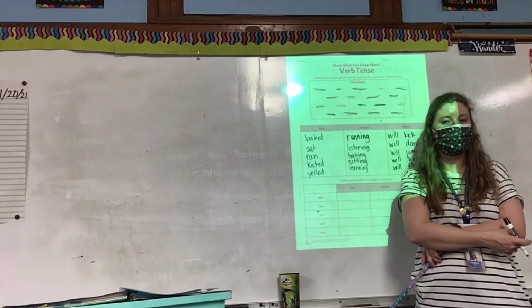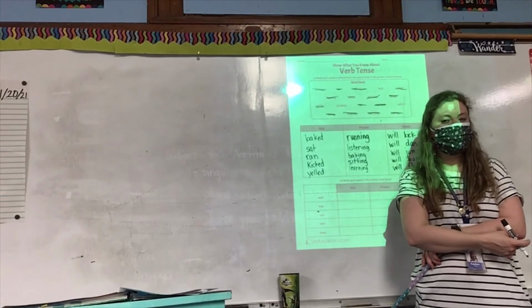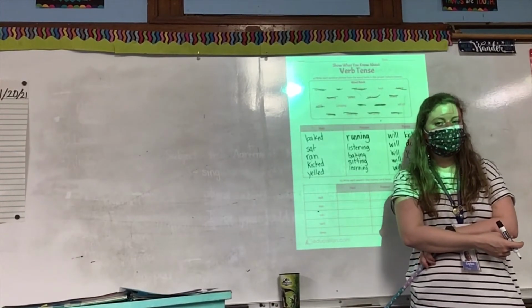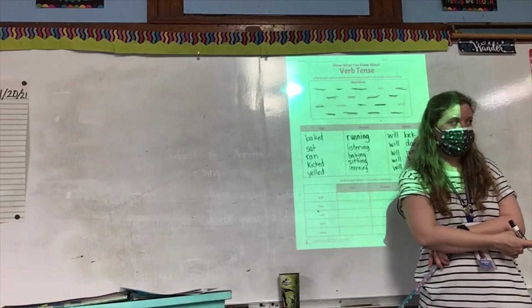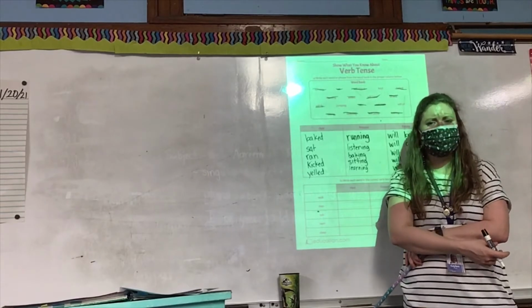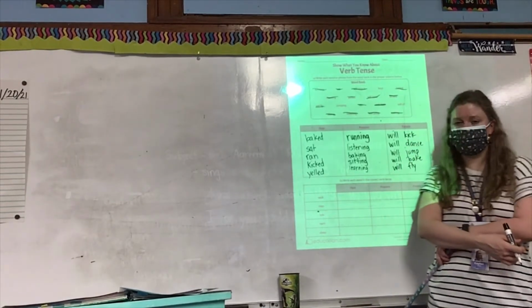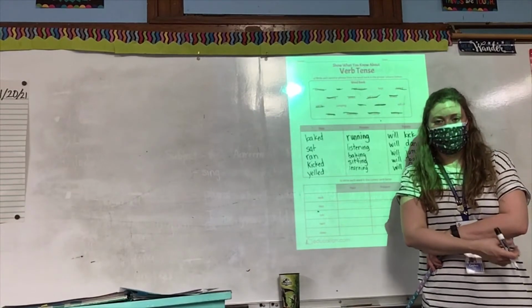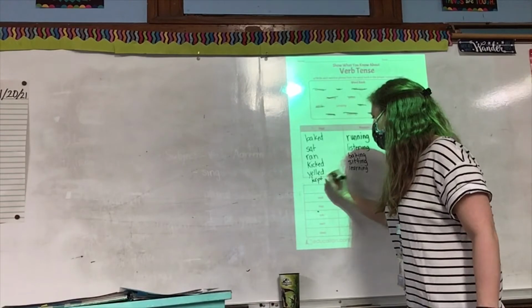What's the base verb for kept? Zari? Keep. So she is keeping her house clean. She will keep her house clean. She kept her house clean. So Zari, where does kept go? In the past tense. So that's another one of those irregular verbs.